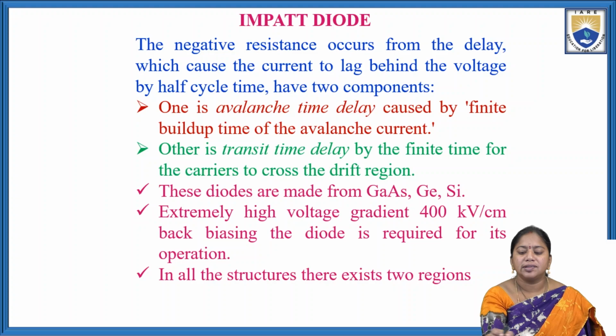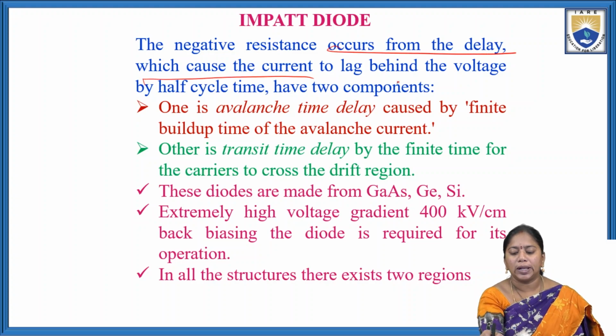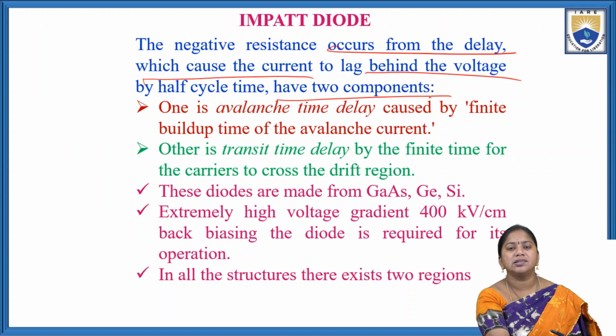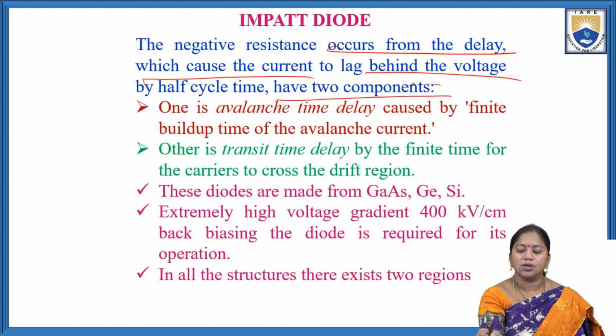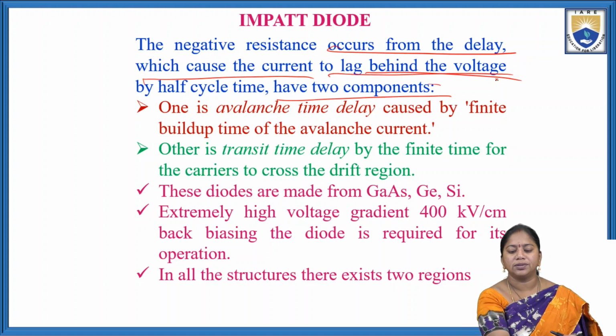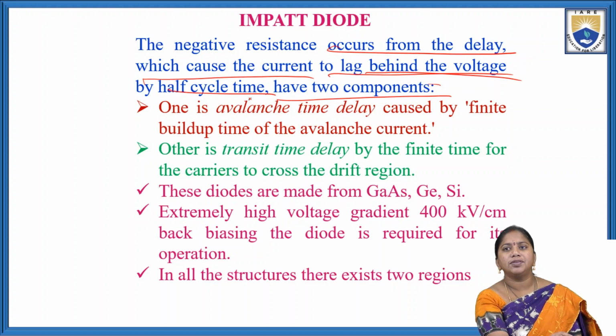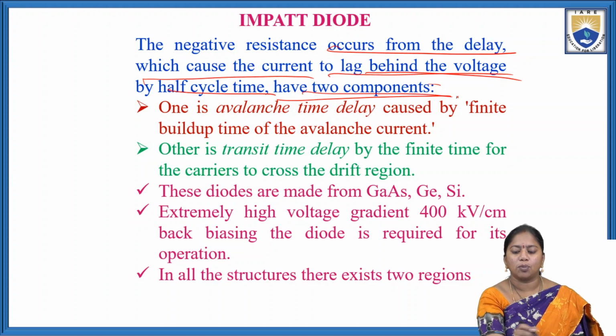The negative resistance occurs from a delay, which causes the current to lag behind the voltage by half a cycle time. This delay has two components.